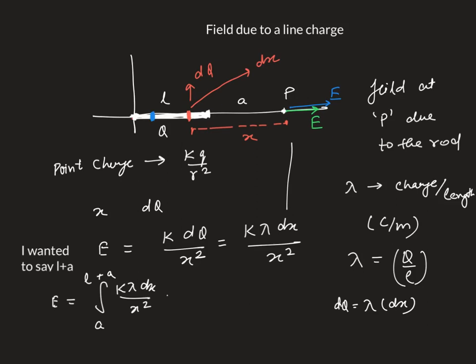Let me change the page here. So the integration was k lambda dx upon x squared from A to L plus A. Let me draw the diagram again here.